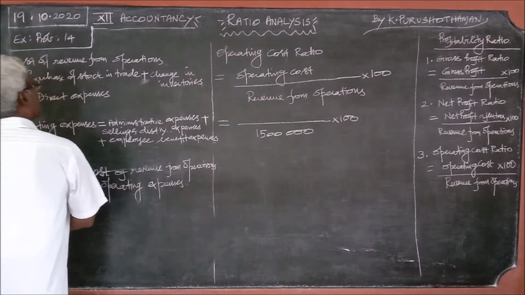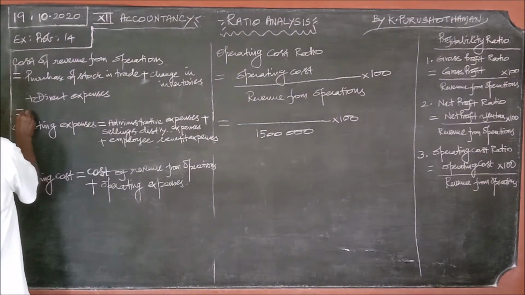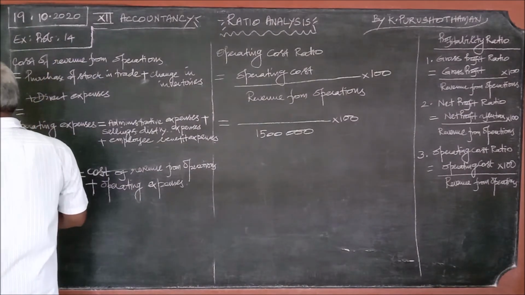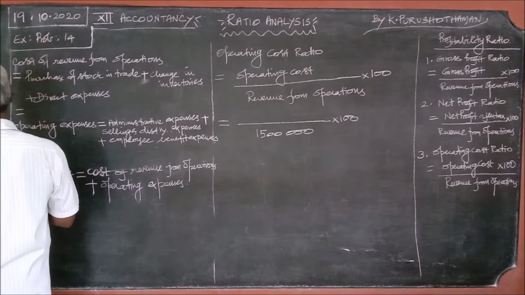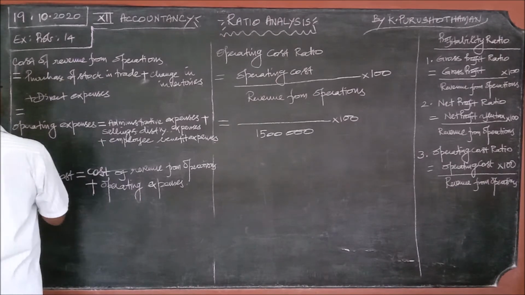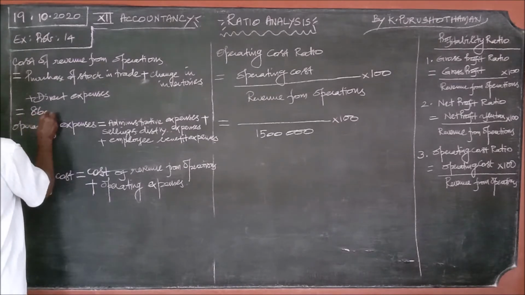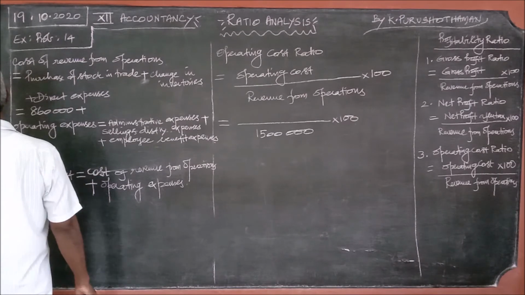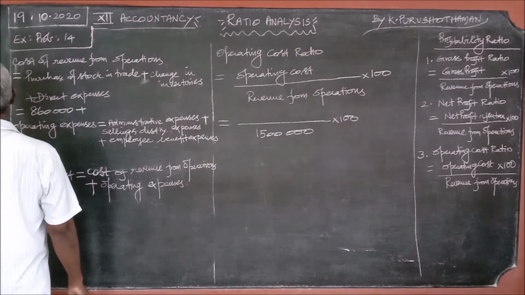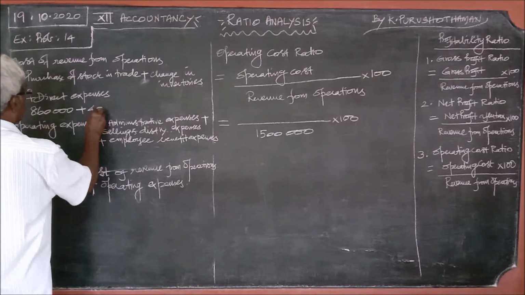Okay, now this is equal to cost of revenue from operations, that is purchase of stock in trade 8,60,000, plus the change in inventories, which is given in plus. No minus is appearing here, therefore plus 40,000.